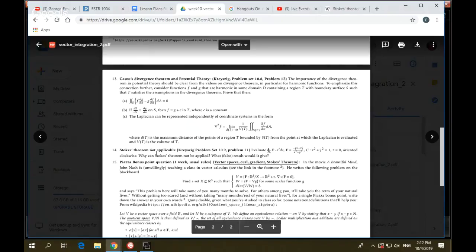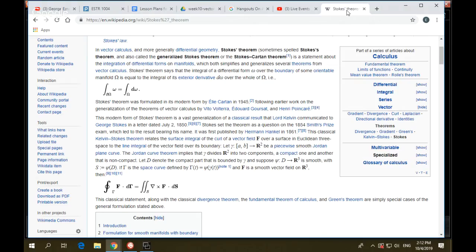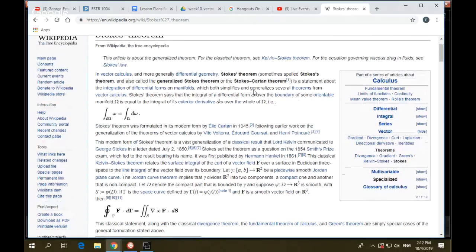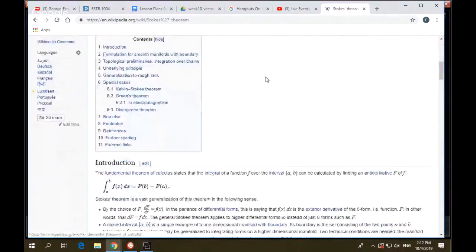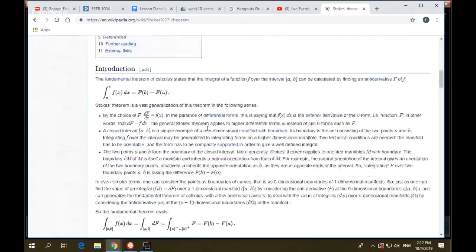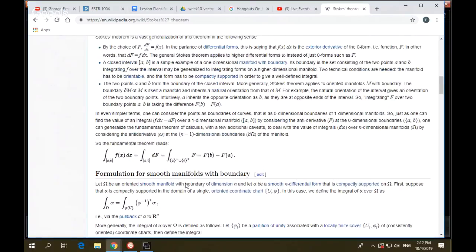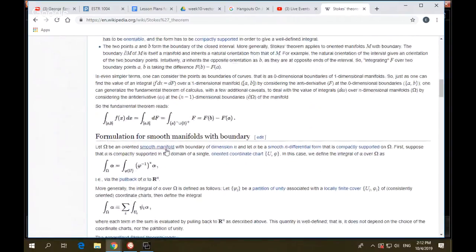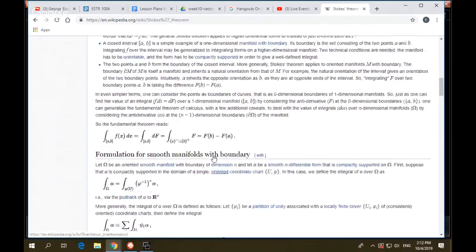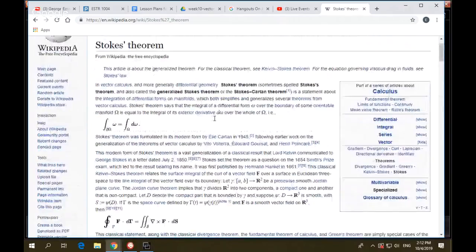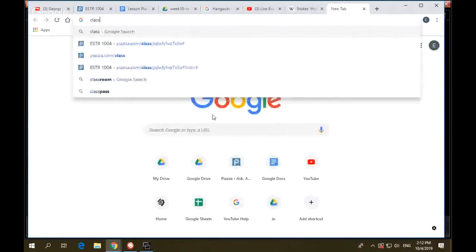Now, firstly, Stokes' theorem requires that, so let's look at the conditions. Stokes' theorem requires that, let's see, okay, so I should have opened the classical Stokes' theorem. Let's see, the conditions for.